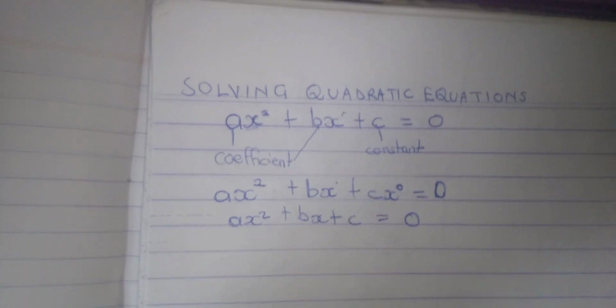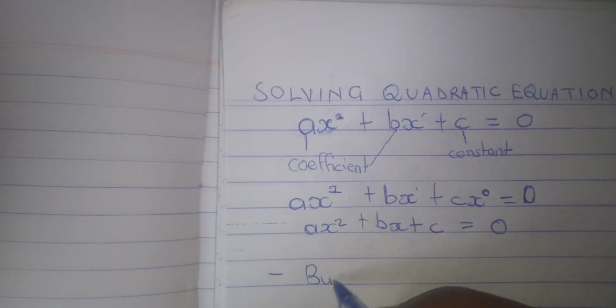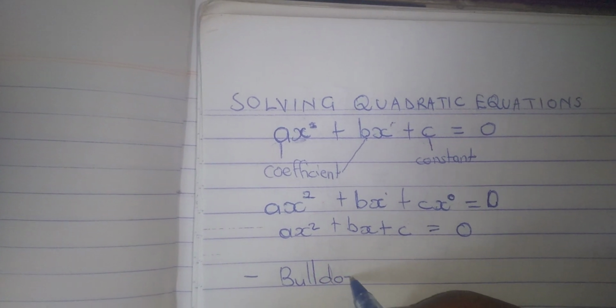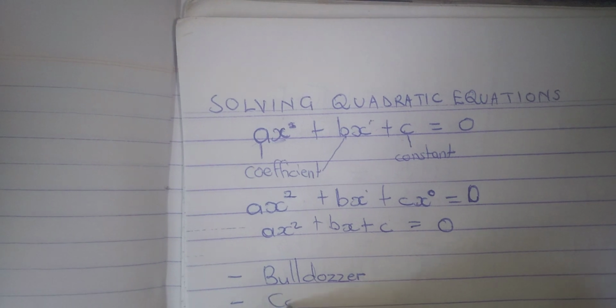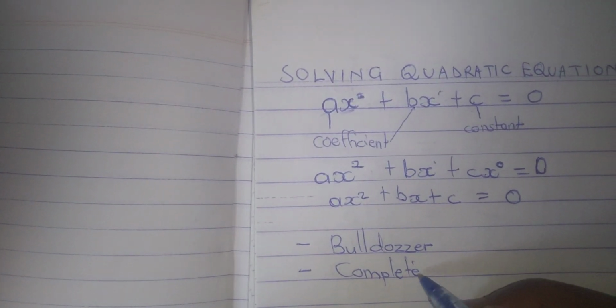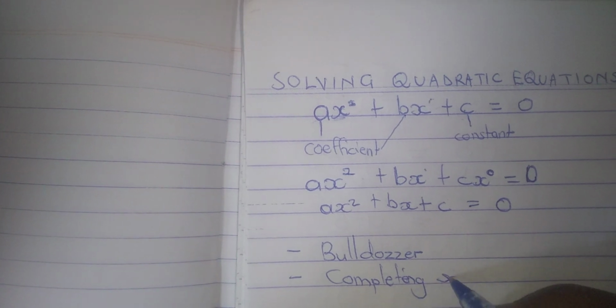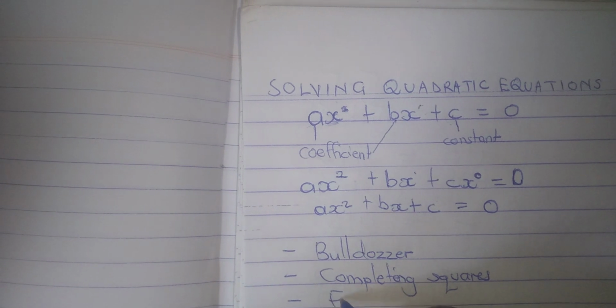Simply, we can use the bulldozer method. Bulldozer is what we call completing squares. There is factorization.